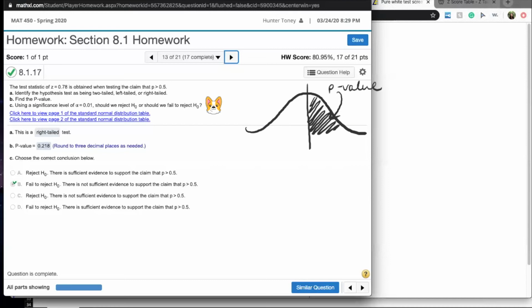So if we know our z-score, I'll write it over here, our z is 0.78, we can go find our area. And remember that our area is given to the left, so we'll have to do 1 minus the value we're given. So our z is equal to 0.78.